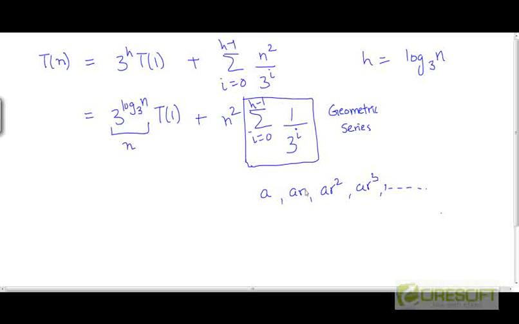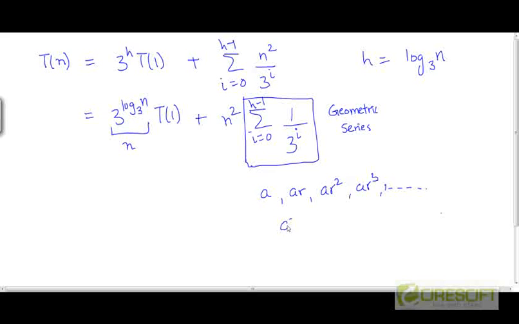In this case it's denoted by the letter r. So we multiply a by r, we get ar. We multiply ar by r, we get ar squared. We multiply ar squared by r, we get ar cubed. Looking at it another way, if you take the ratio of the nth term with the n minus 1th term, we will always get a ratio of r, and so we call r the common ratio. So ar squared by ar is r, ar cubed by ar squared is r, and so on.